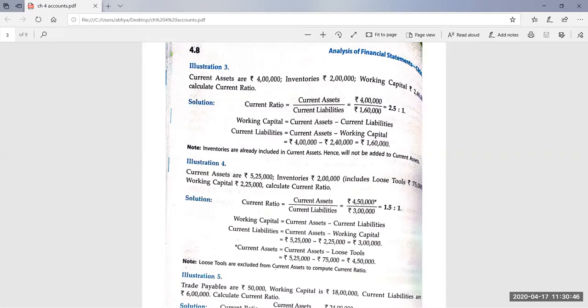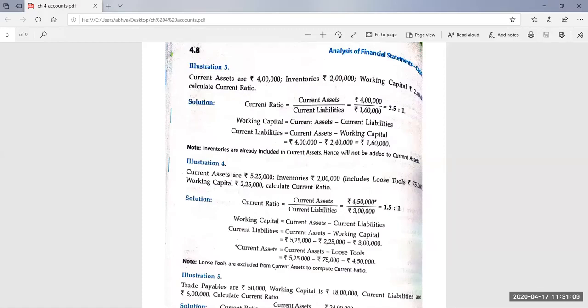Just check it out. Working capital. Again, I have given you the formula for working capital: current assets minus current liabilities. So current liabilities we can find out by using current assets minus working capital. Current assets are 5,25,000. I think some people must have deducted 75,000 from this current asset.